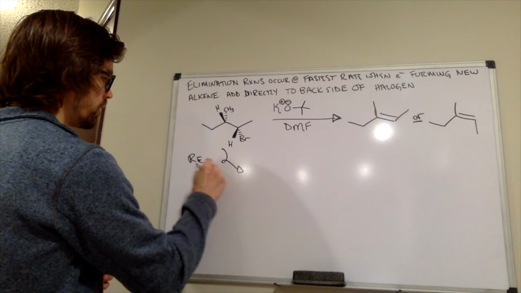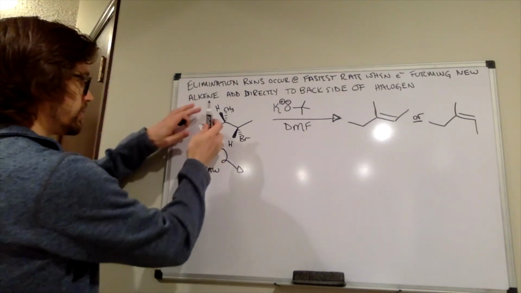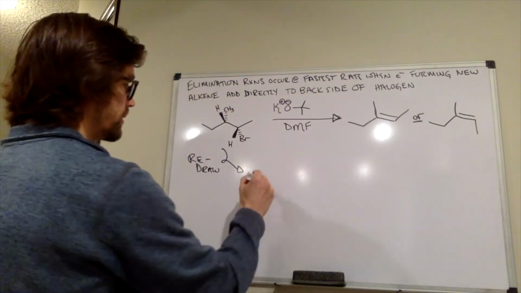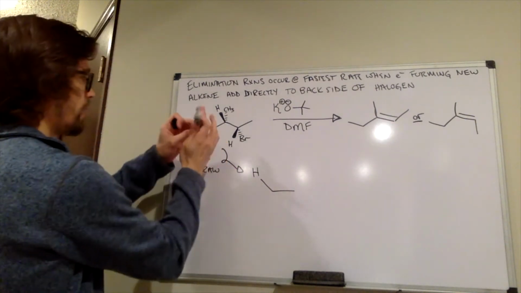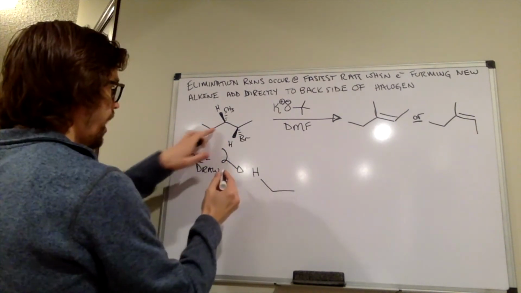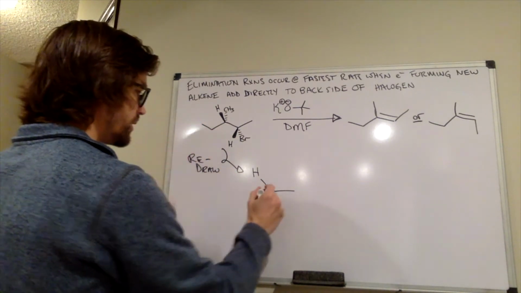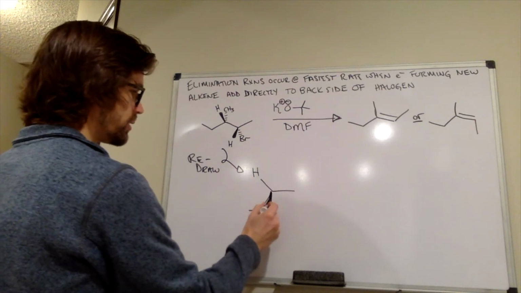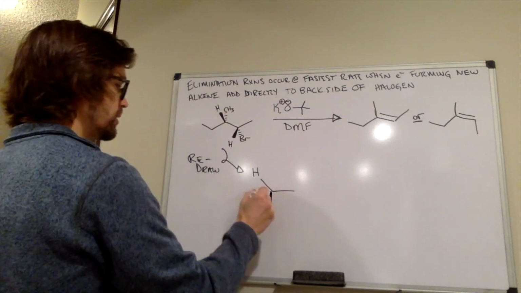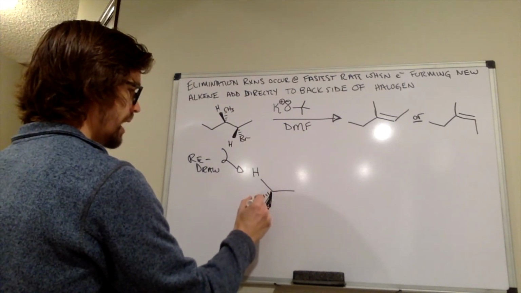Redraw. And this CH was coming out at us. That's in the plane now. And when we move that into the plane, that pops this CH2, CH3 out. So I'm going to do a wedge here to CH2, CH3. And then that CH3 is now rotated down like this.